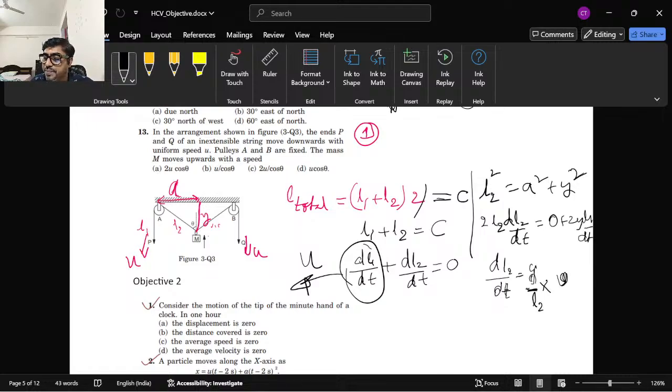Okay. So y by L2 is how much? Y by L2 is nothing but cos theta. Cos theta, no? Adjacent side by hypotenuse, you can see that.